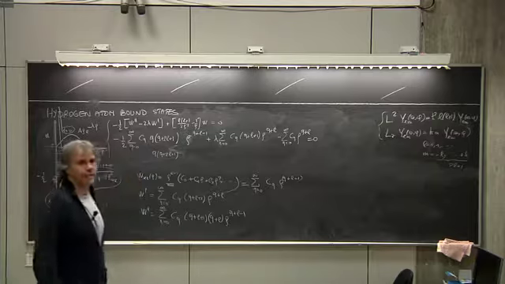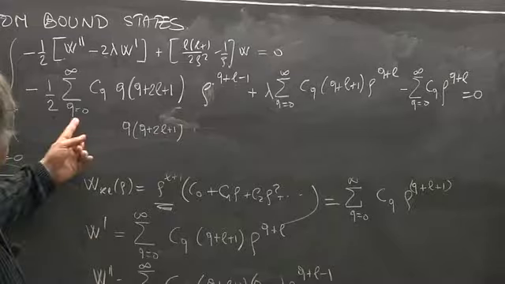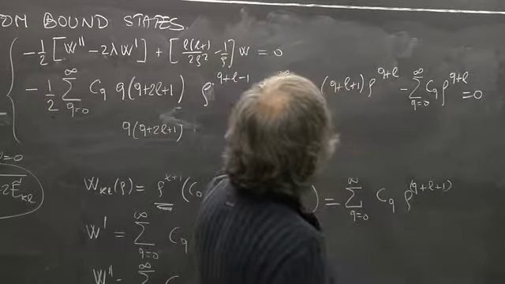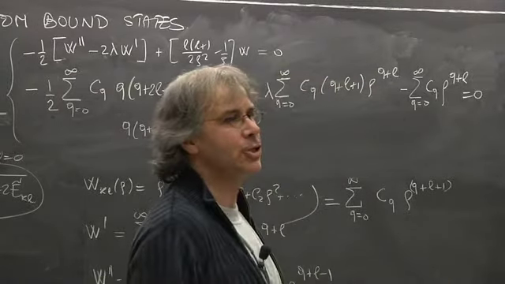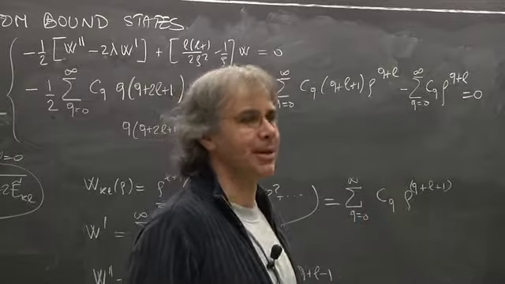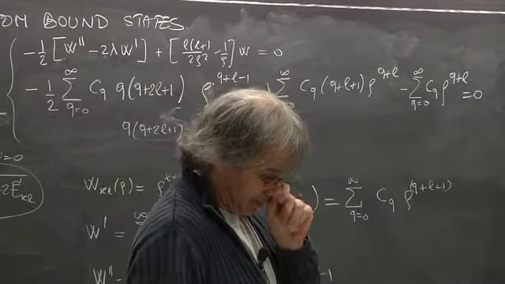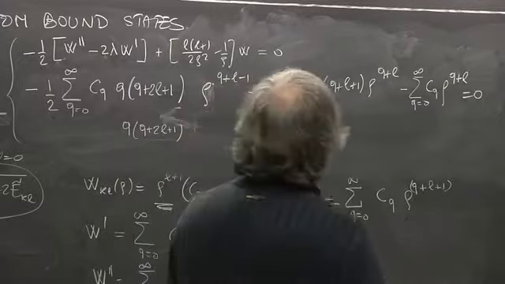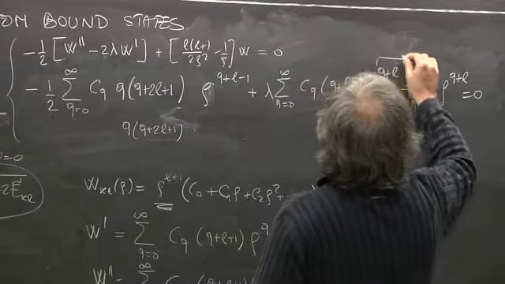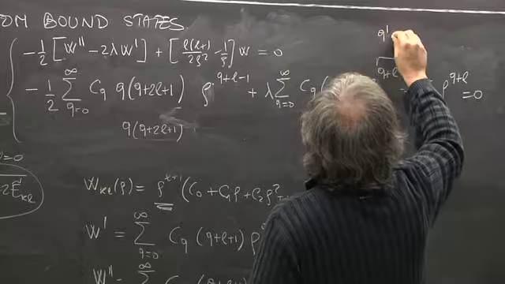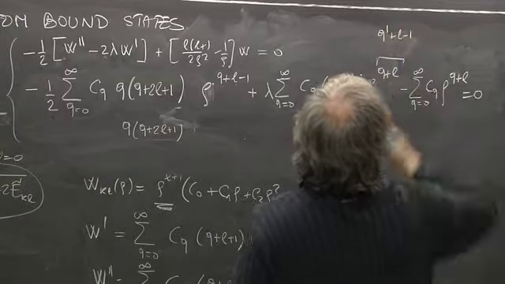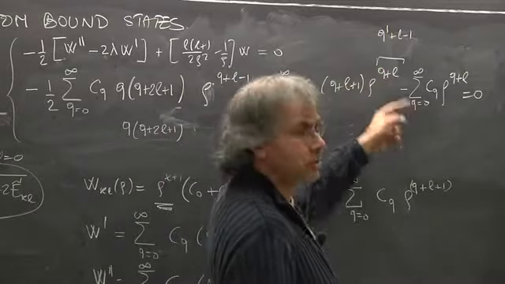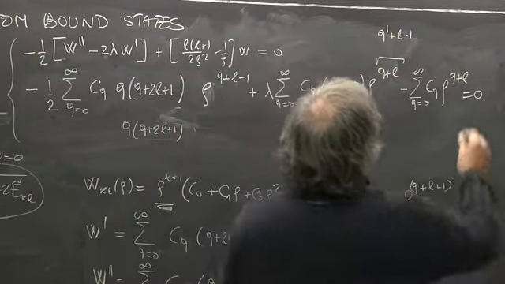There's another small trick. When you see power laws like this, which don't match, there is a way of making them match: relabeling things. So for instance, in this case, you can call this object Q prime plus L minus 1. How should you make Q prime related to Q? It's very simple.